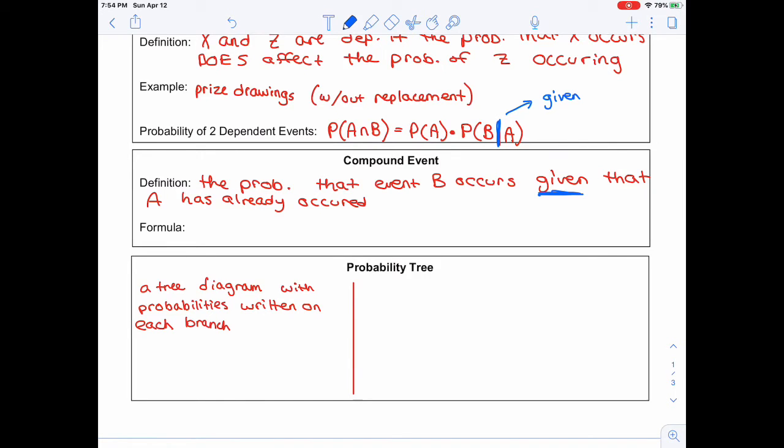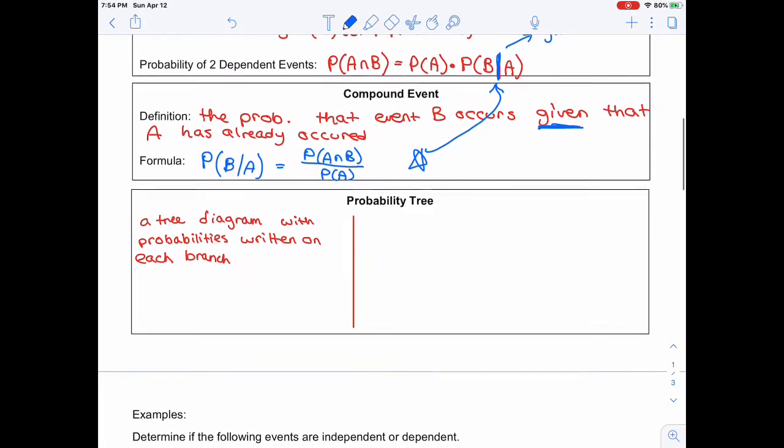Anyways, our formula for this, we would write the probability of B given A, and that's equal to the probability of A and B divided by the probability of A. Okay, now we won't be using this one very much. I know it is up here in this formula, but we think about it a little bit differently. So don't necessarily plug this into that formula right away, okay? And you'll see what I mean by that in some of the examples.